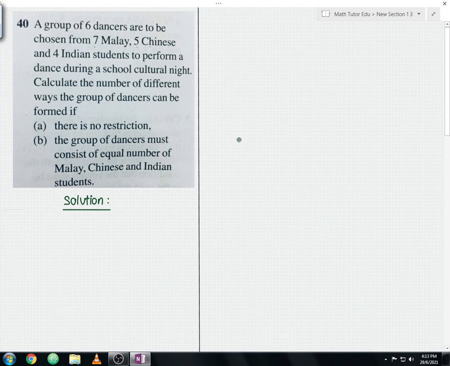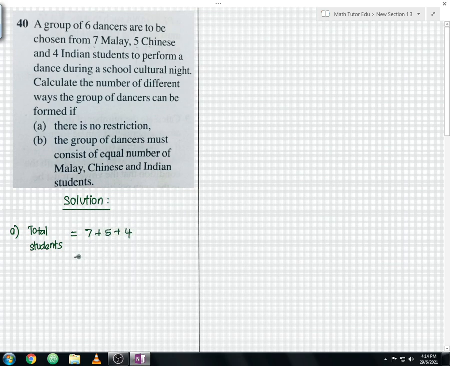Okay. So for question part A, since they mentioned that there is no restriction imposed, your life becomes very simple, guys. From here you have 7 Malay students, 5 Chinese students and 4 Indian students. So you calculate them all. Total students is equals to 7 plus 5 plus 4.